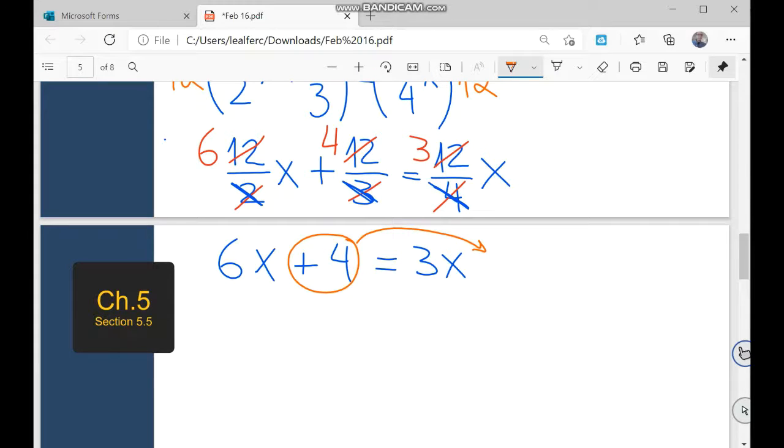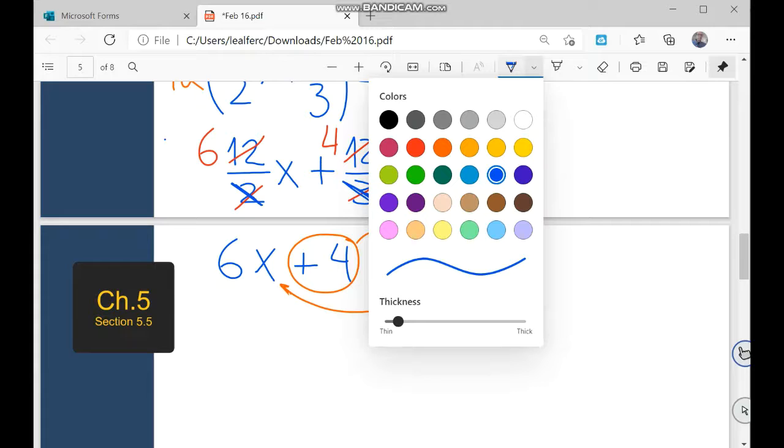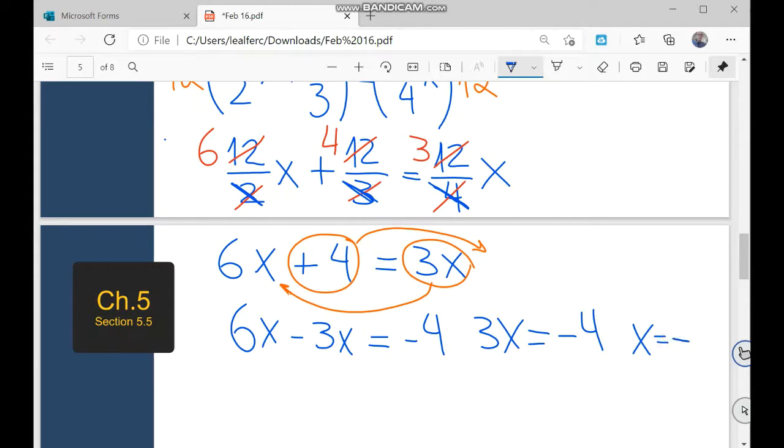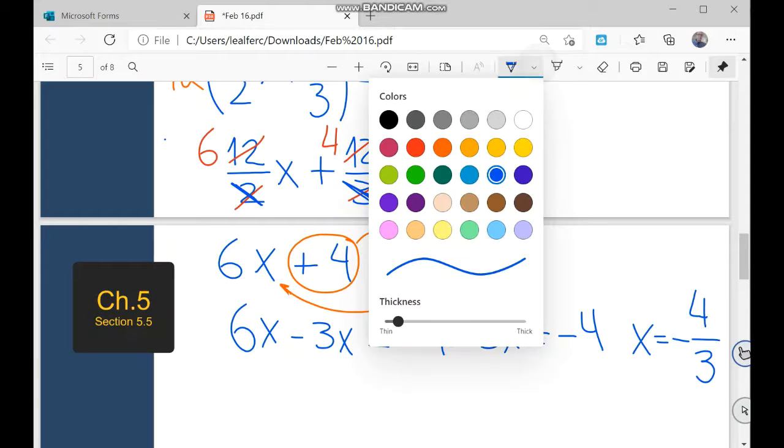It becomes negative 4. We can move 3x to the left hand side. It becomes negative 3x. This is the same thing as doing addition property, okay? 6x minus 3x equals negative 4. 3x equals negative 4. X equals negative 4 over 3. That is the answer.